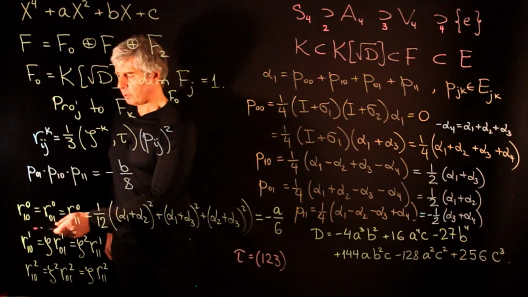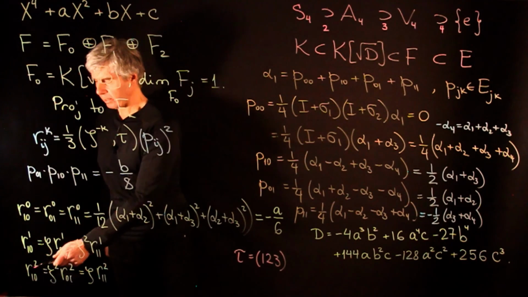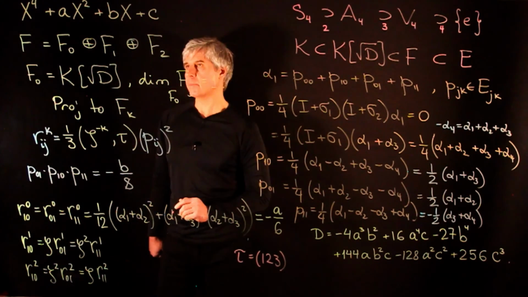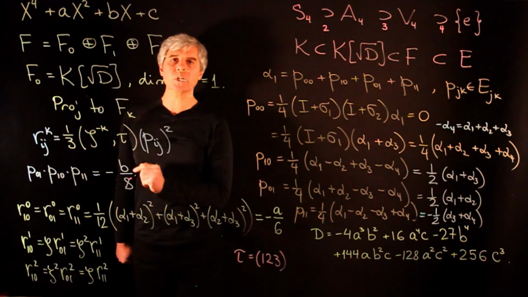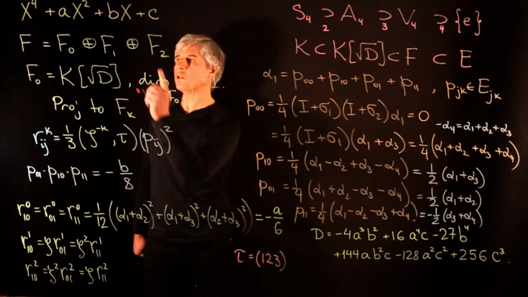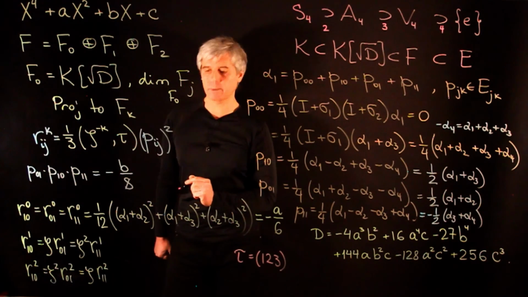So all we have to compute now is the components R101 and R102. These elements belong to components F1 and F2 respectively, and so their cubes will belong to F, as well as their product.